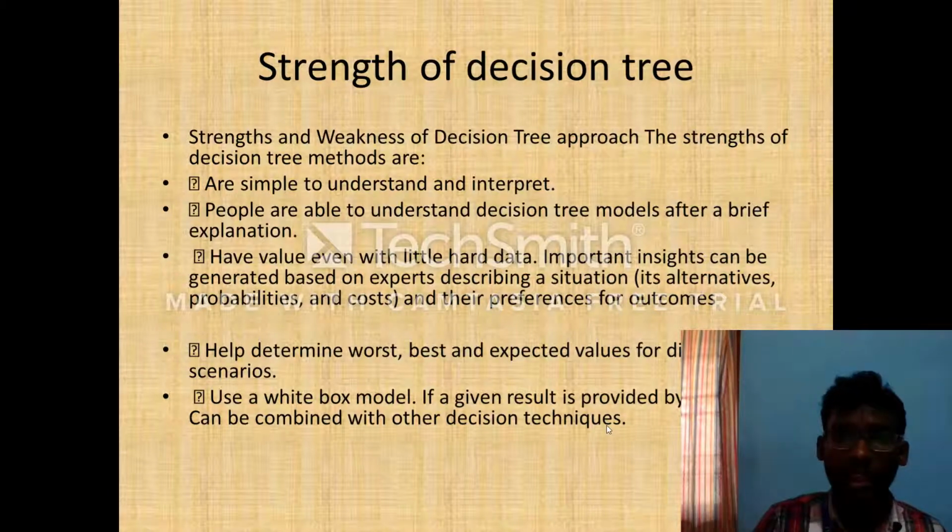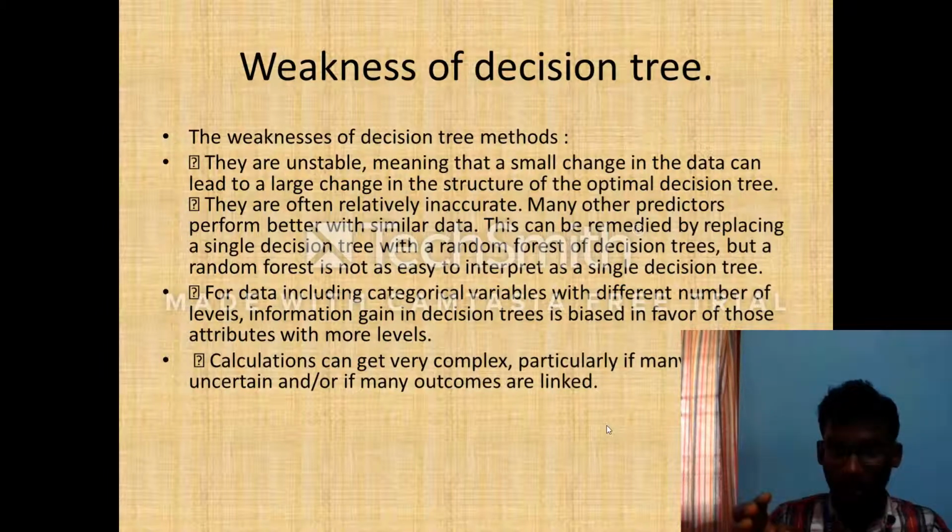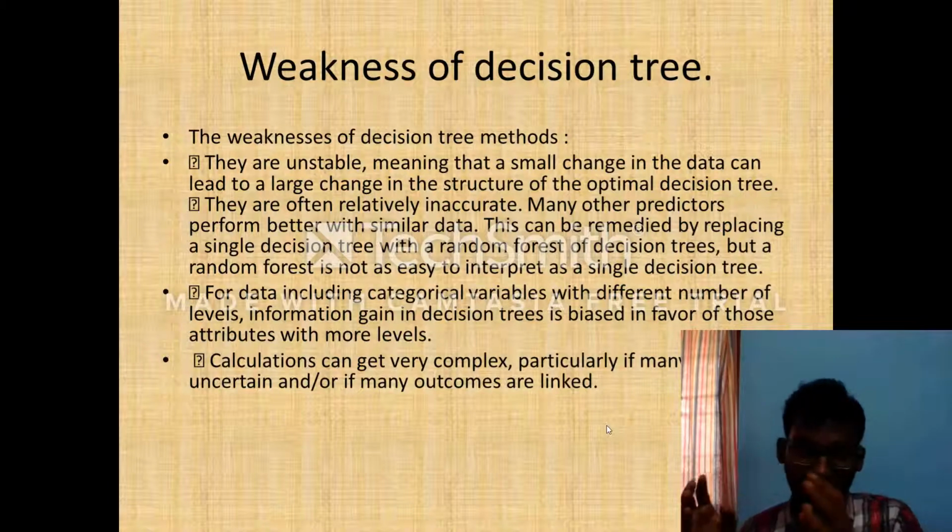Coming to the weaknesses of decision trees, they are unstable. Small changes in the data can lead to a large change in the structure. Let me give an example so that you can understand clearly. We are making a decision or an algorithm. If the algorithm is right, we can achieve that easily.